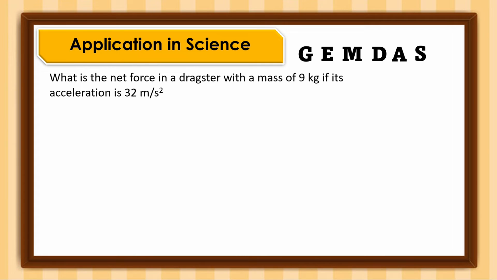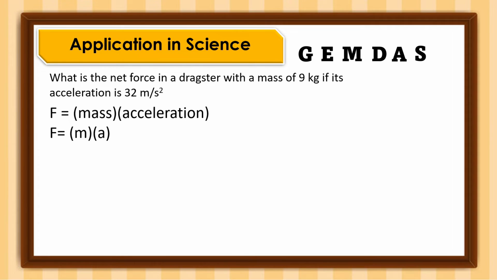Now, we can apply evaluating the polynomial expression in science, particularly in physics. So this is a concrete example. What is the net force in a dragster with a mass of 9 kg if its acceleration is 32 meters per second squared?